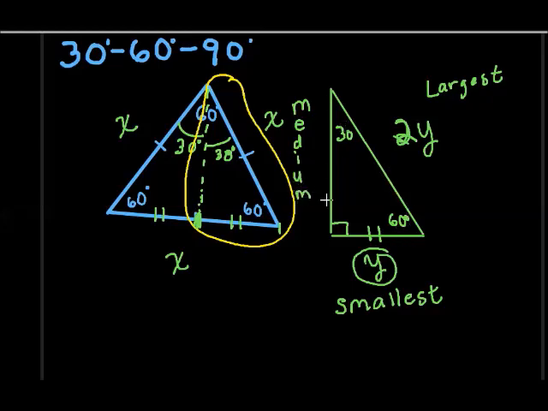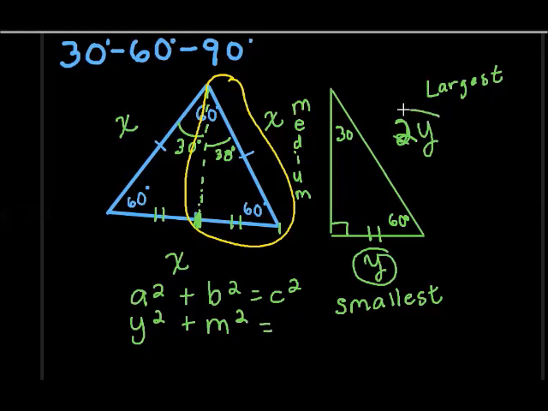Now, let's find the length of the medium side. The Pythagorean theorem says that the sum of the squares of the two legs equals the square of the hypotenuse. So let's write that out. We think of it as a squared plus b squared equals c squared, but in this case, it's going to be y squared plus, well, the one we don't know, let's call that m for medium, and that equals, instead of c squared, 2y. So I'm going to put that in parentheses and square it.